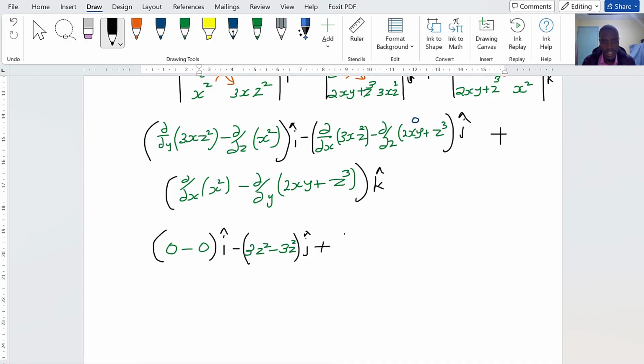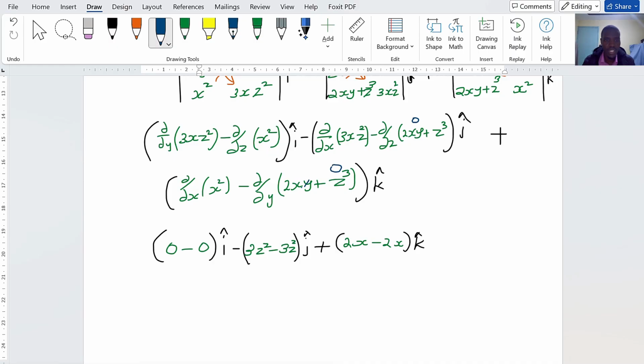So plus on k, we have to be very keen while working with this because of any confusion. For k, this one, if you differentiate x squared, then it will be 2x minus. Here, with respect to y, it disappears, you remain with 2x. Why? Because this has no y, so it is 0.